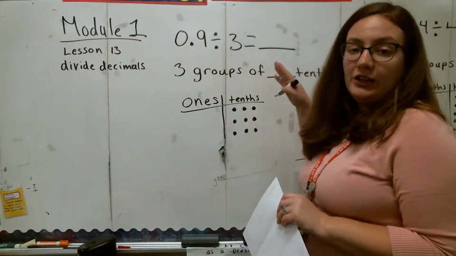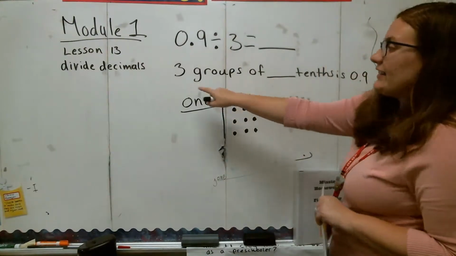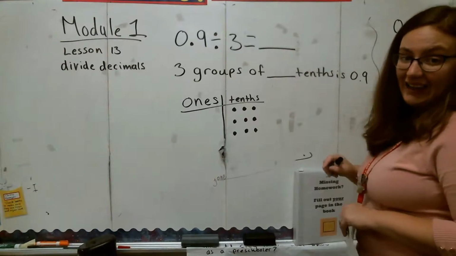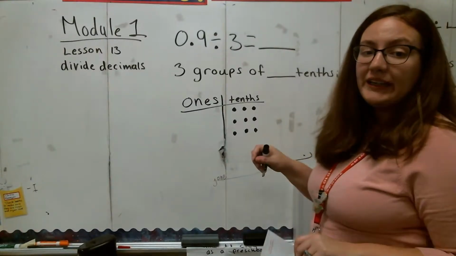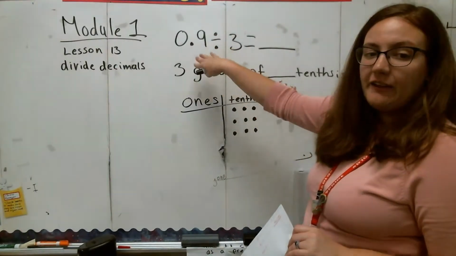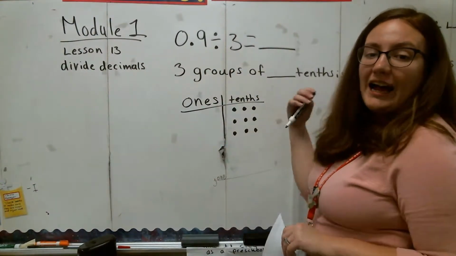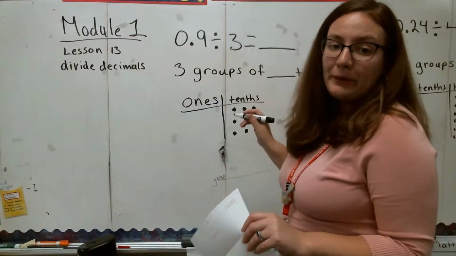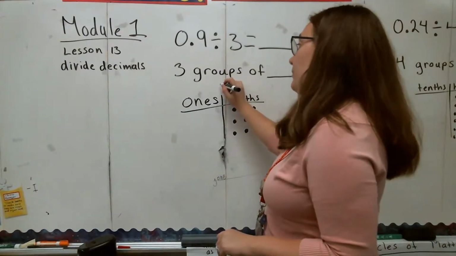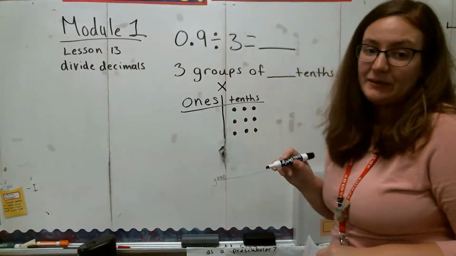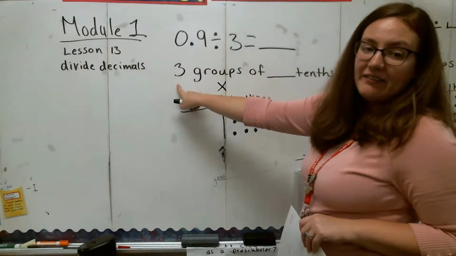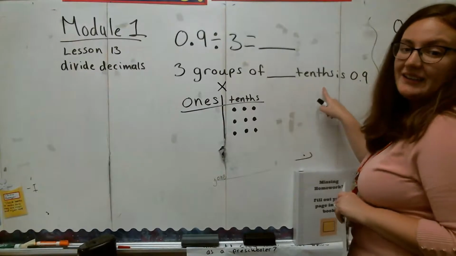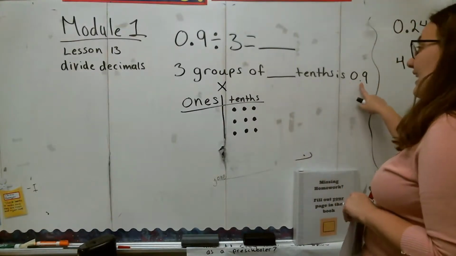So all of you on your notes have a sentence that says 3 groups of blank is 9/10. What we're going to do is take this problem, and I basically flip-flopped it so that I can think of it as multiplication. This groups of, remember we can think of groups of as multiplication instead. So I can think of this as 3 times blank tenths is 9/10.